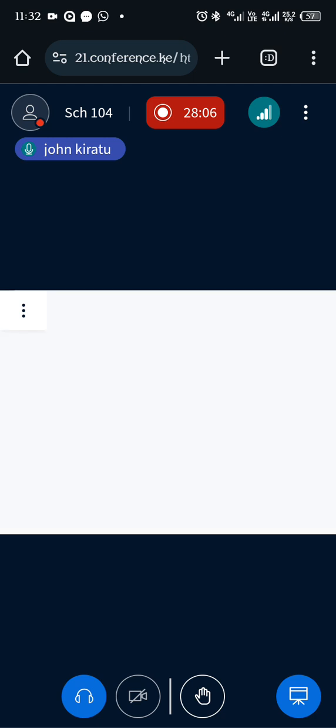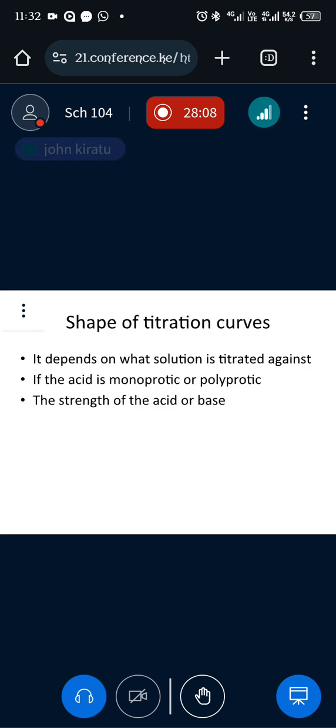Okay, now, the shape of the titration curve, first, as we have said, depends on what solution is titrated against. If it's a base, it starts from the top. If it's an acid, it starts from below. Again, it depends on whether the acid is monoprotic or polyprotic.